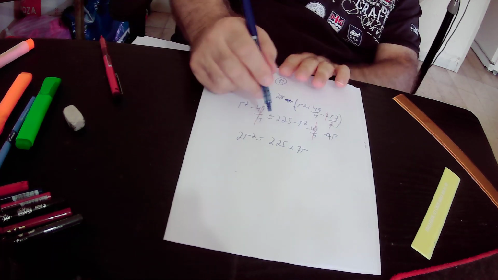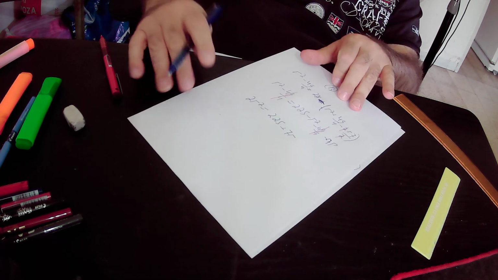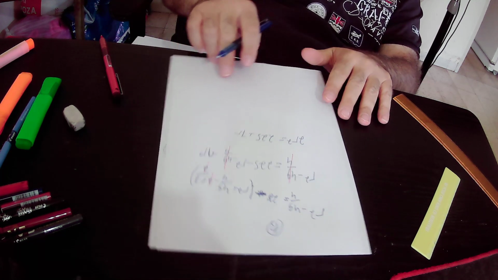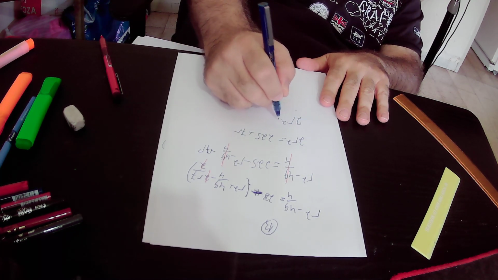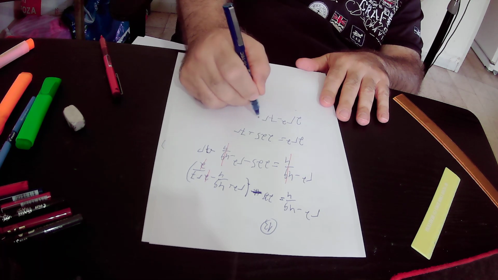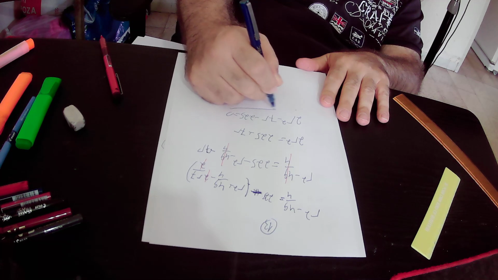So here we'll subtract 225 and also 7R from this equality, and we'll get a quadratic equation: 2R squared minus 7R minus 225 equals 0.